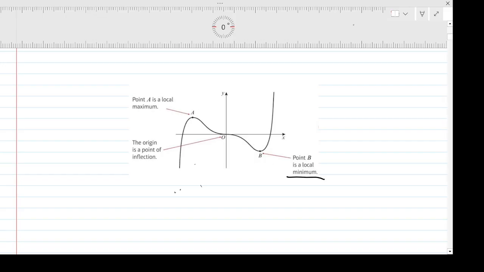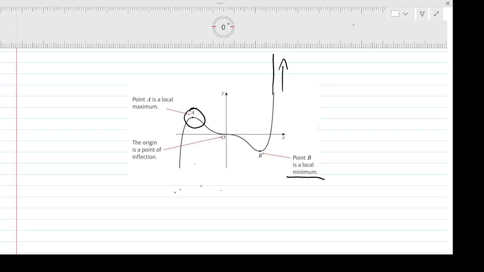Now you will also see these described as local. That's because it's the maximum point in its vicinity, in its area. The curve is going up to infinity up here, so would point A be the maximum value?